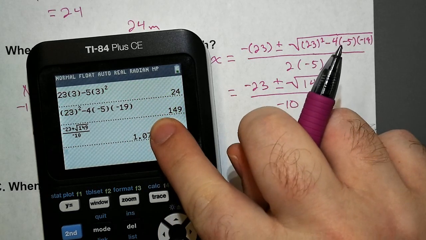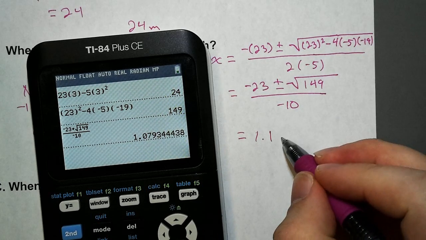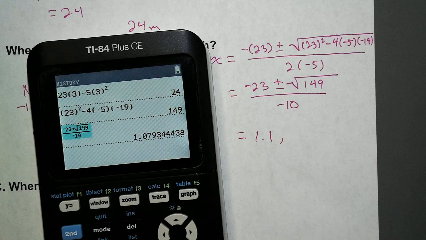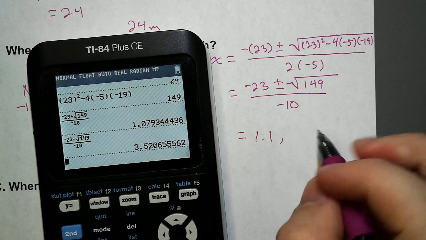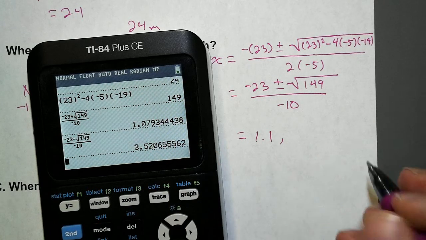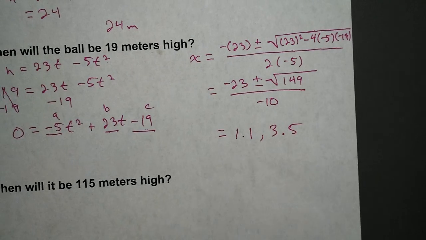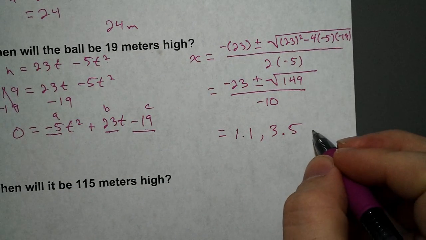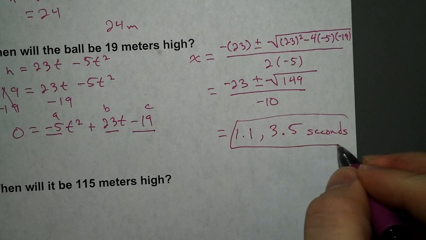That 7 means that 0 is going to round up to a 1, so 1.1. Now let's retype it, put it in as minus, and we get 3.52 and so on. That 2 means that 5 is going to stay the same, so 3.5. So at those timestamps, those are both in seconds.